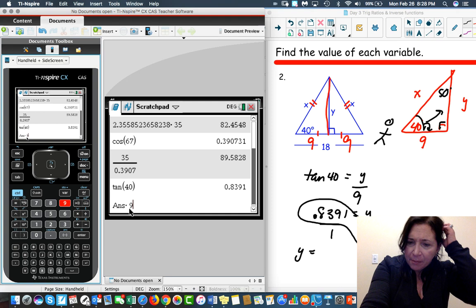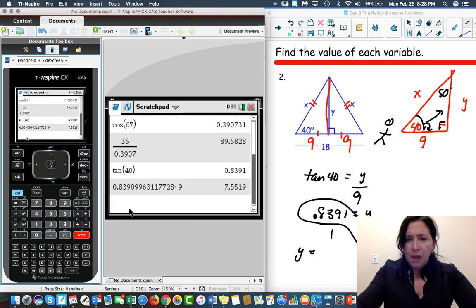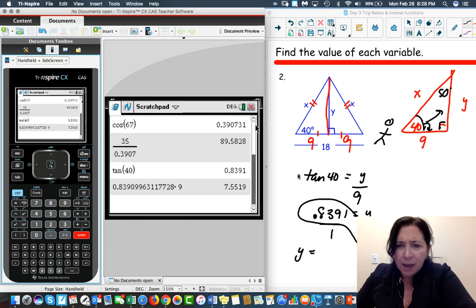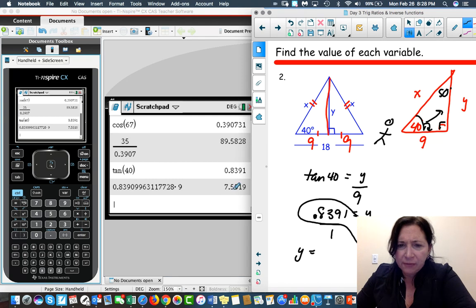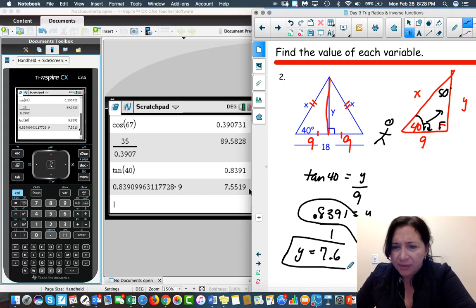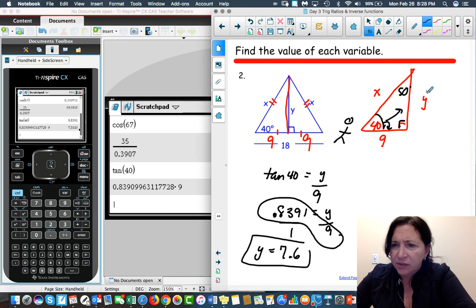Now I want to times that by 9, press return, and so now I have 7.56. So I'm going to go with 7.6. So this is y. Now y is 7.6.